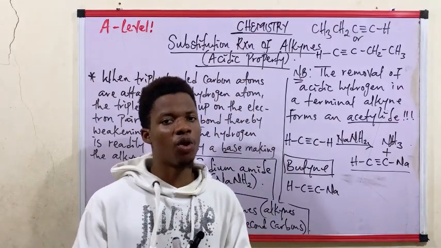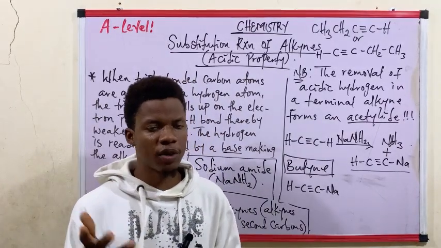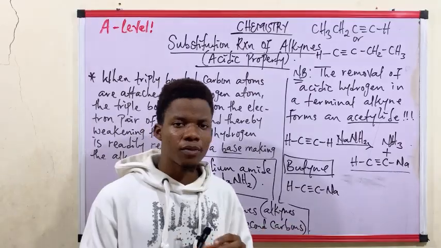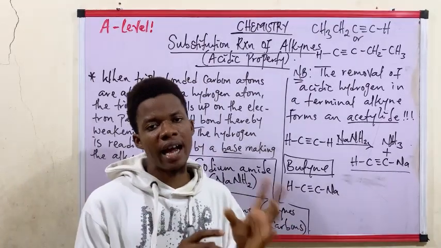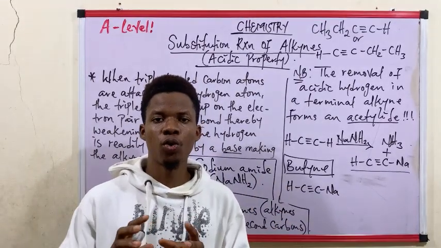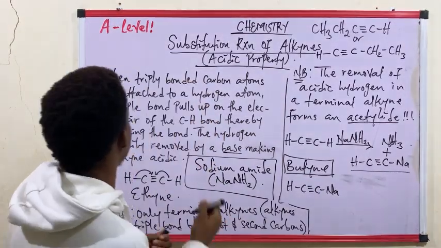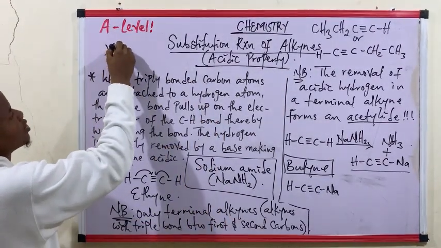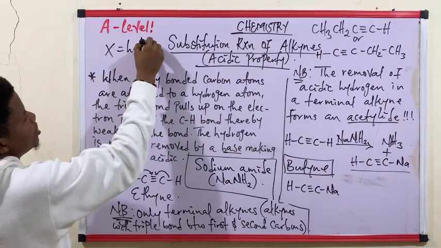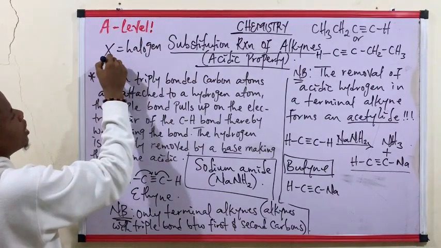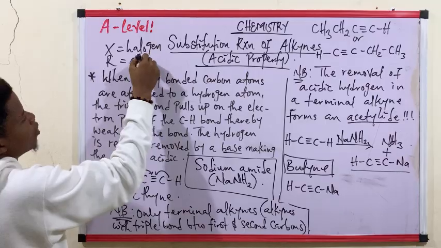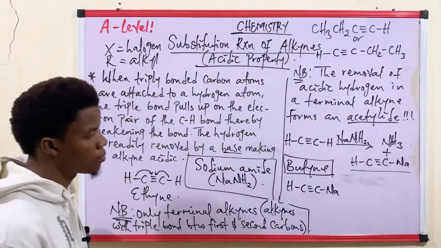I've dropped videos about alkyl, so please go and check that video. In organic chemistry, anytime you see X it always stands for a halogen, and anytime you see R it always represents an alkyl group.